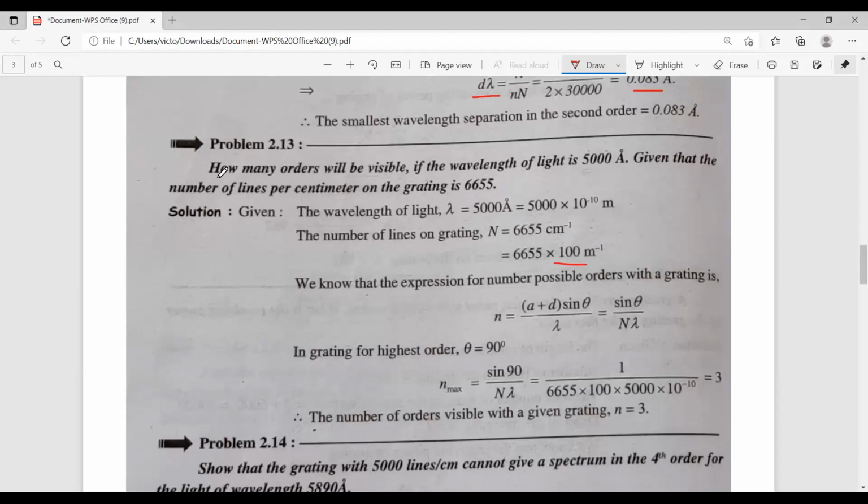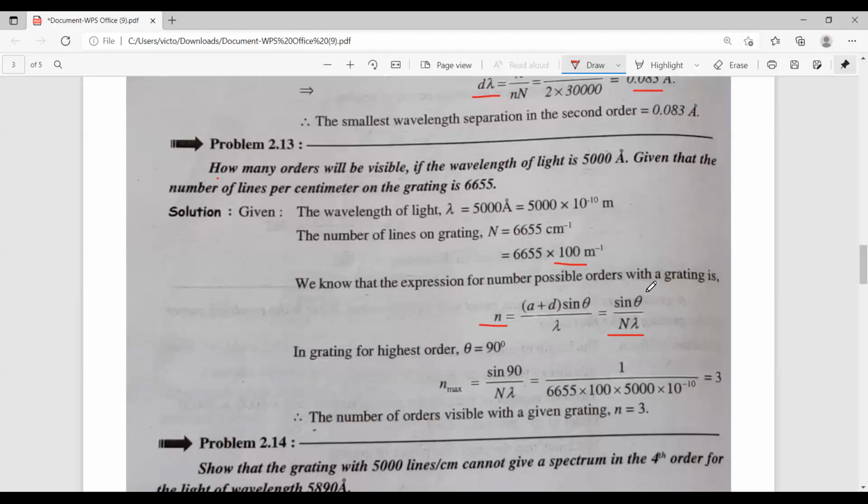Now here we have to calculate how many orders will be visible. The expression for the maximum number of orders possible by using a grating is n equal to sin theta by capital N into lambda.